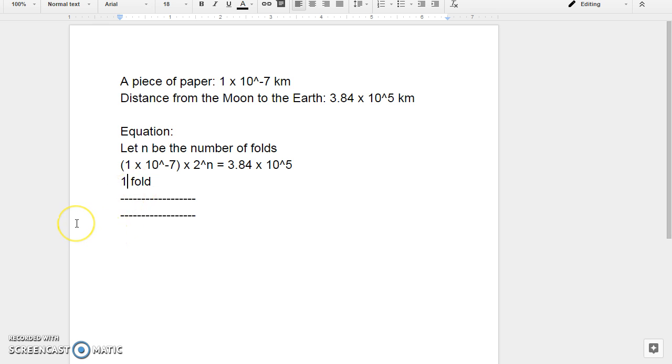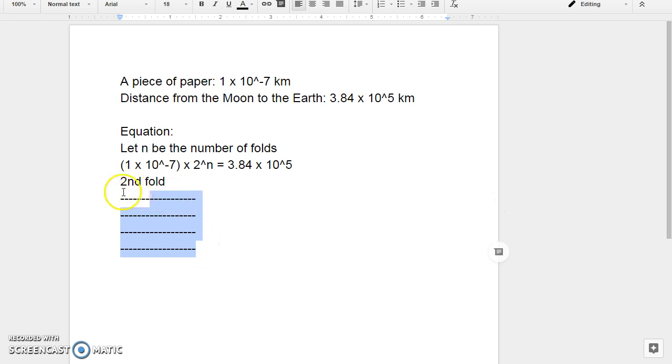Now if we fold for the second time, it will not be like this, but it will be like this, because if you fold, you're taking the 2 layers and putting them among the other two layers, which means 2 by 2 layers, which makes it 4 layers.